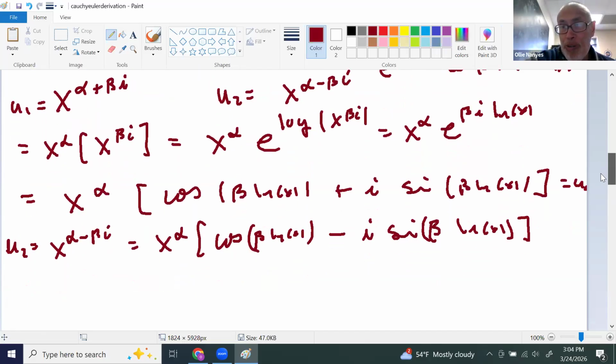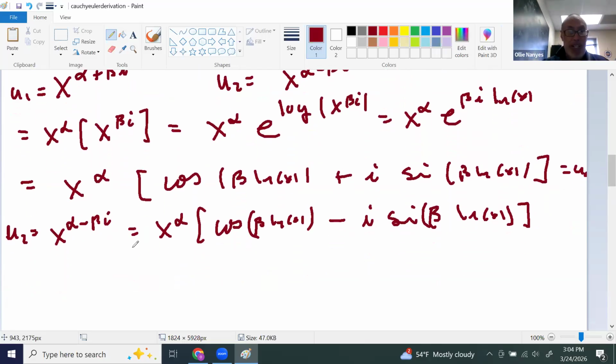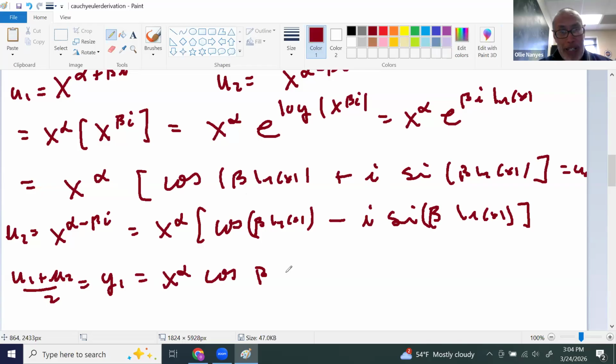u1 and u2 are linearly independent by the Wronskian. But now, if I take u1 plus u2 and divide by 2 to call that y1, when we add these two, these cancel, and we get x to the alpha cosine of beta log x.